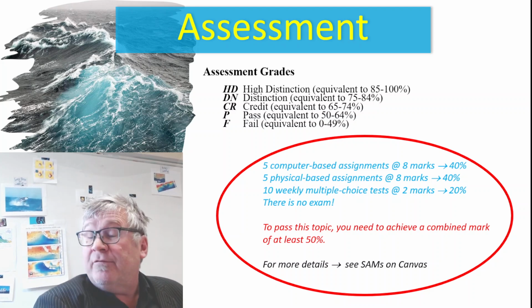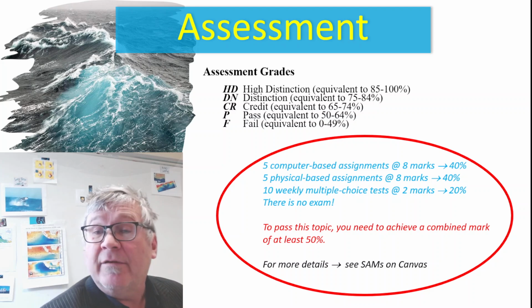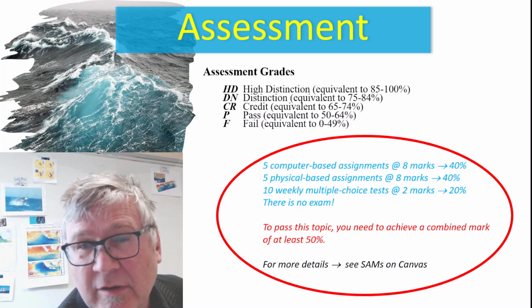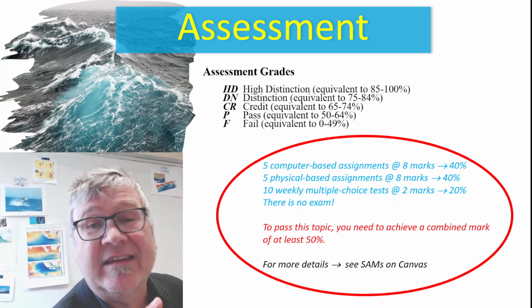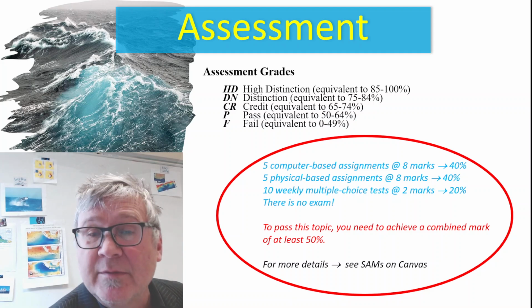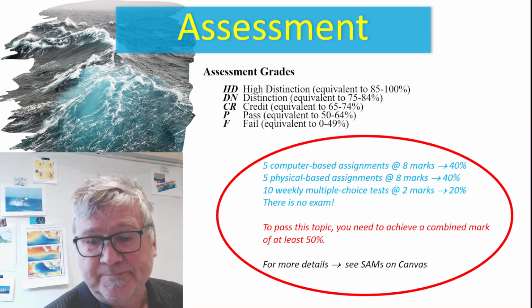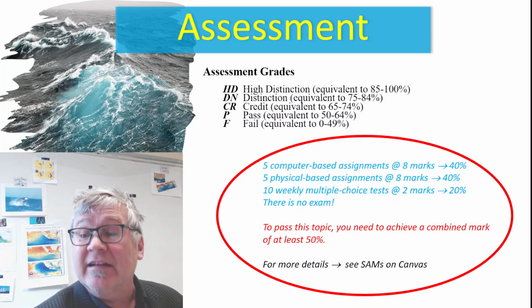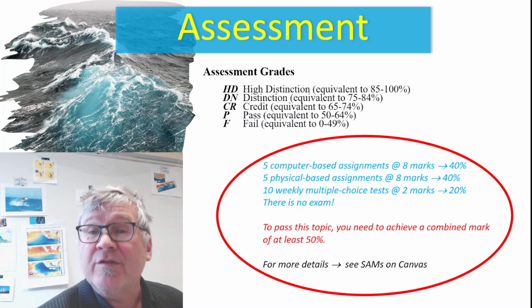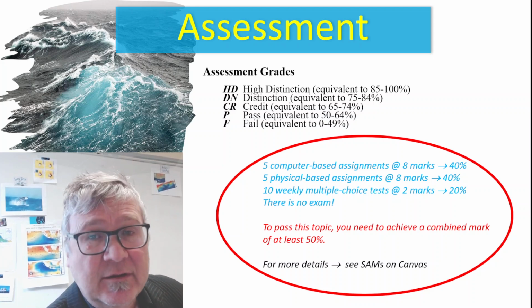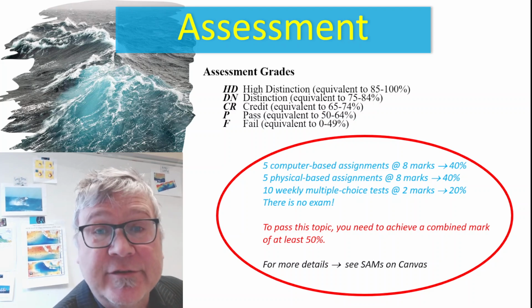All right, and in order to get a high distinction, you should not give away any of the marks. Submit all assignments, do all the quizzes. For more details, I encourage you to have a look at the student assessment methods that are available from Canvas.